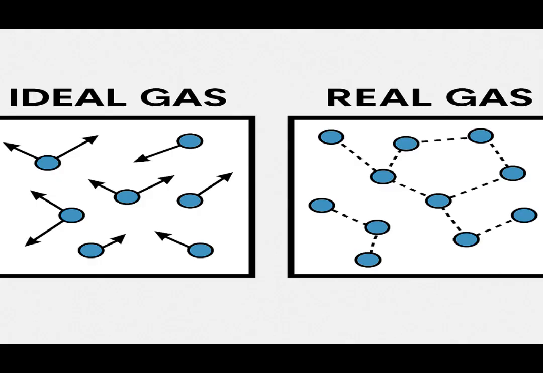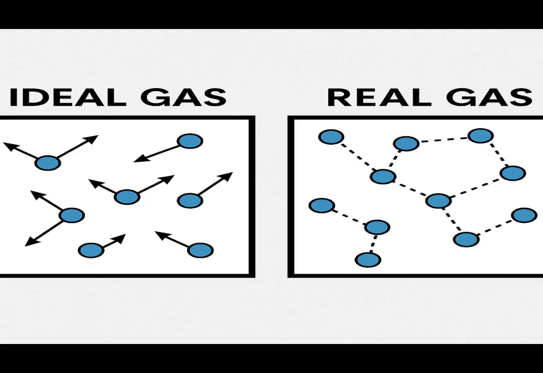The picture here shows the random movement of the ideal gas molecules without any form of attractive force within the molecules, unlike the case of the real gas molecules that have some forces of attraction within the molecules.